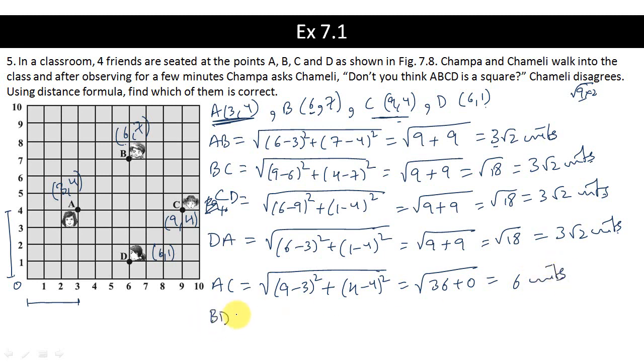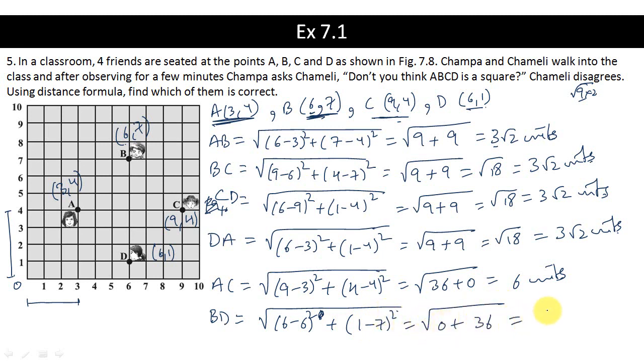Finding the length BD, it will be under root of x2 minus x1, 6 minus 6 square plus y2 minus y1, which is 1 minus 7 square. So it will be 0 plus 36, which is 6 units.